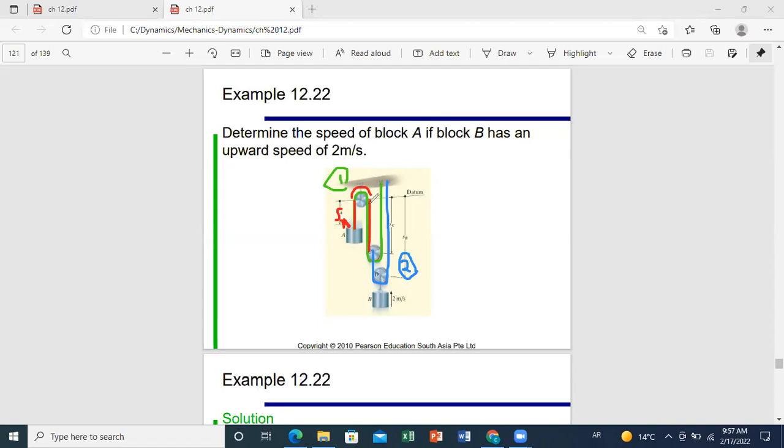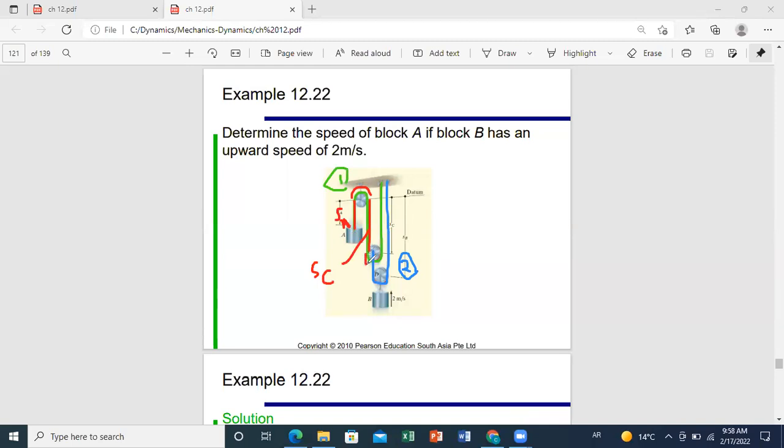It's XC minus XA, but you are going from this level to this one. So this is S of C. Yes, it's S of C. So this part is S of C.